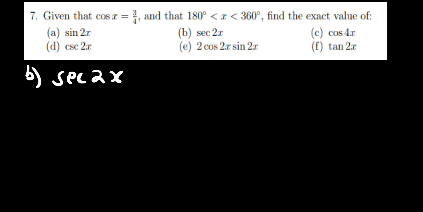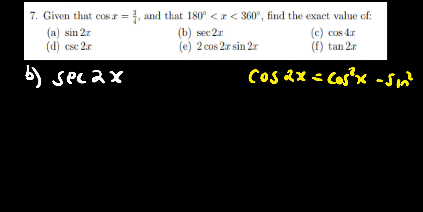Since we're talking about double angle formulas, you know that cos 2x is the same as cos squared x minus sine squared x. So cos has about 3 formulas, so you have to know all of them. Okay, it's very important. We can also try to use this one, because we've been given cos x.